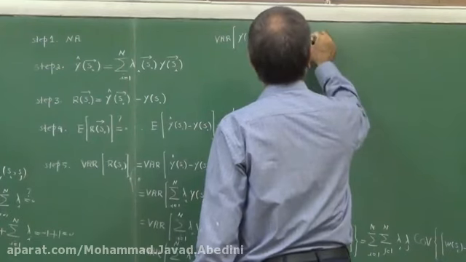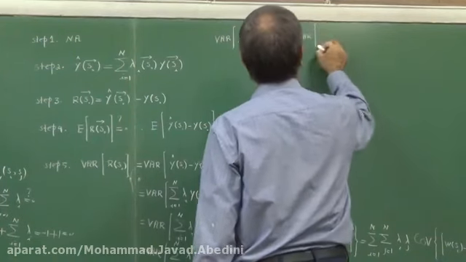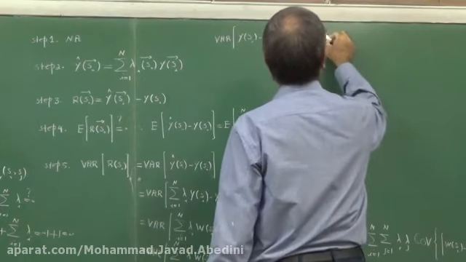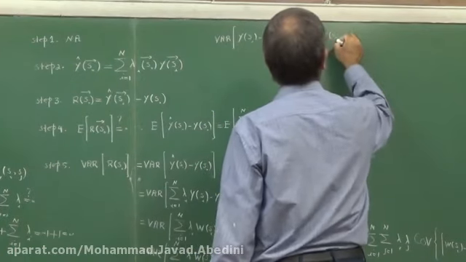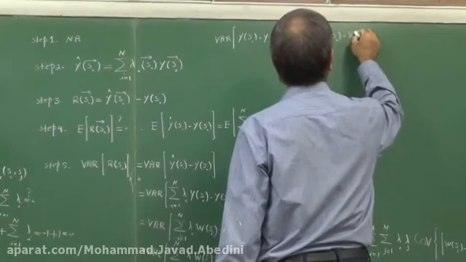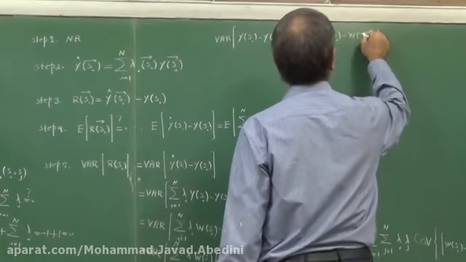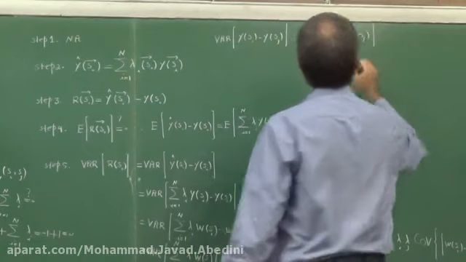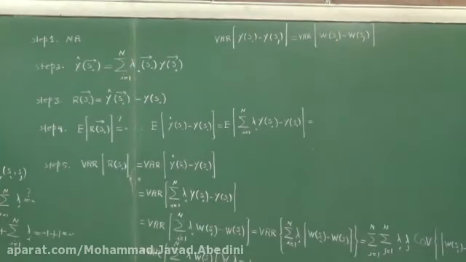This variance is the same as variance of Si minus variance of Sj. Why? How can I write this variance in terms of W?